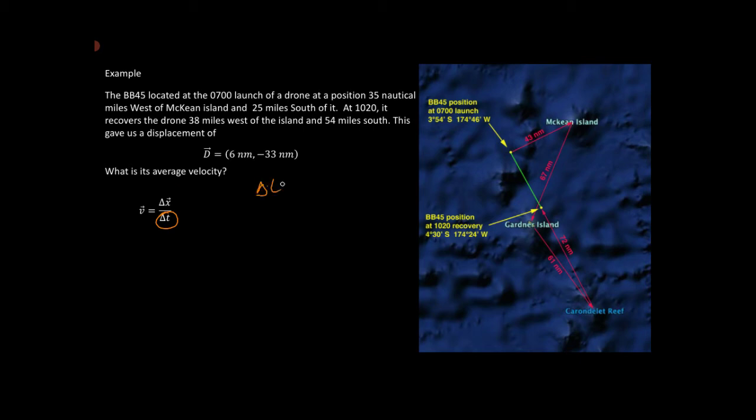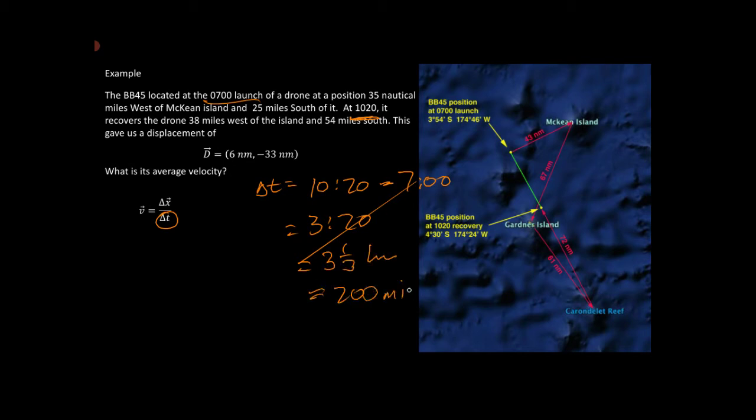So delta t is equal to 10:20 when it's recovered, minus 7 a.m. when it's launched, which is 3 hours, 20 minutes, which is 3 1/3 hours, or 200 minutes, whichever is going to be most useful.